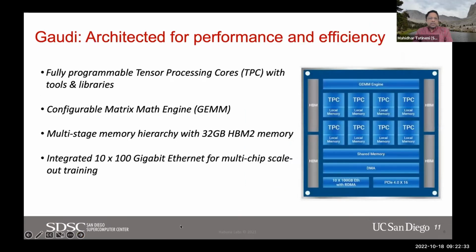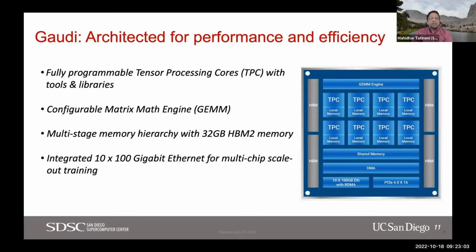The Gaudi processor itself is architected for performance and efficiency. It's specialized for training, as I mentioned. There are fully programmable tensor processing cores, and there's a whole tool chain associated with them. Then there's a configurable matrix math engine, basically a GEMM component.